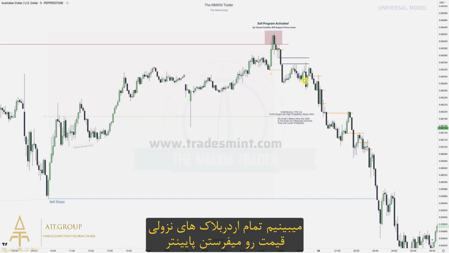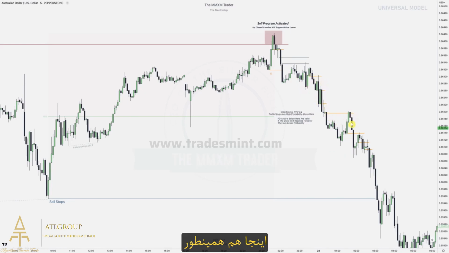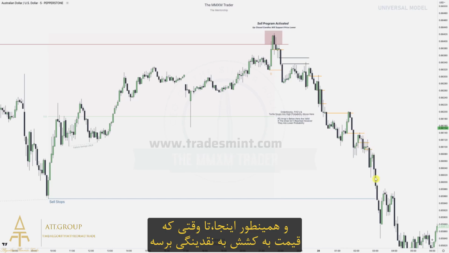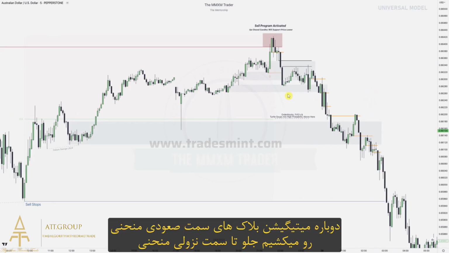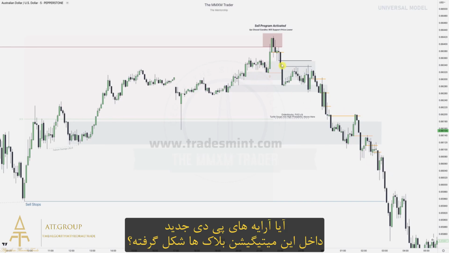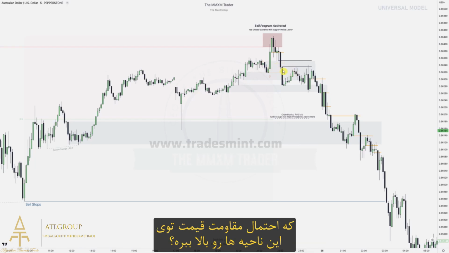We can see all these bearish order blocks supporting price to go down, over here too, over here, and so on, until we reach that draw on liquidity, those sell stops. Again, outlining from the buy side of the curve into sell side of the curve, our mitigation blocks, right? Are we having new PD arrays formed inside those mitigation blocks and making it higher probability for price to resist that area, right?